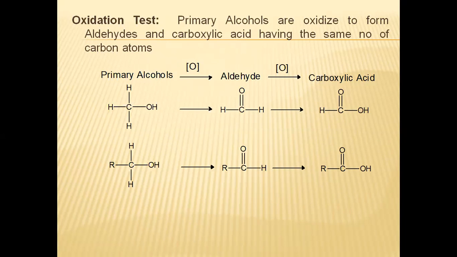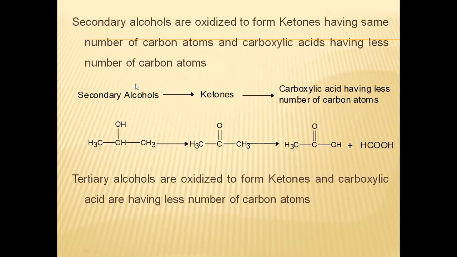Secondary alcohols are converted into ketones with the same number of carbons as the alcohol, and further oxidation gives a carboxylic acid with fewer carbons than the alcohol.